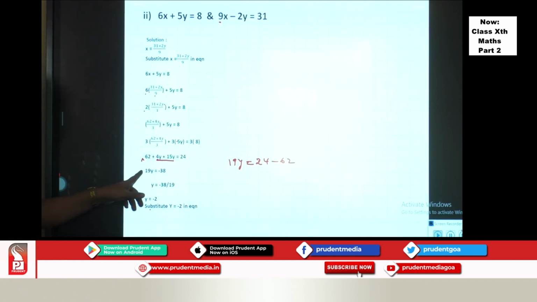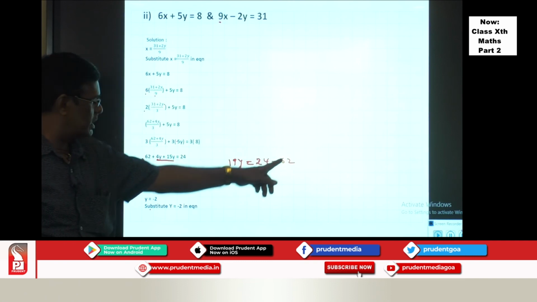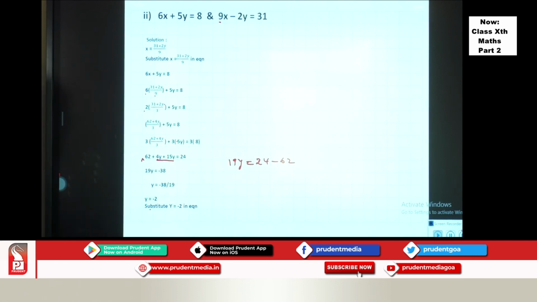So what I am getting, 19y and 24 minus 62 gives me minus 38. Now I am taking this multiplied term on the right hand side. So what I get, y is equal to minus 38 upon 19, and therefore I get y is equal to minus 2.